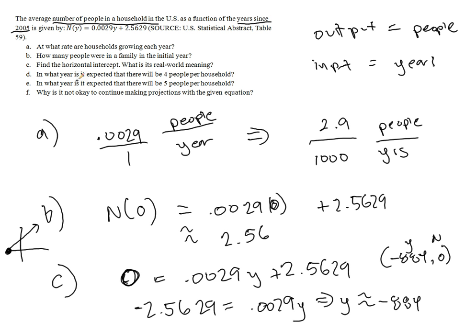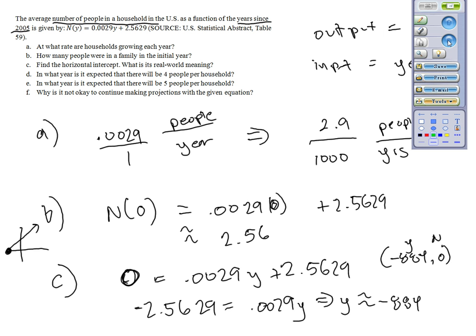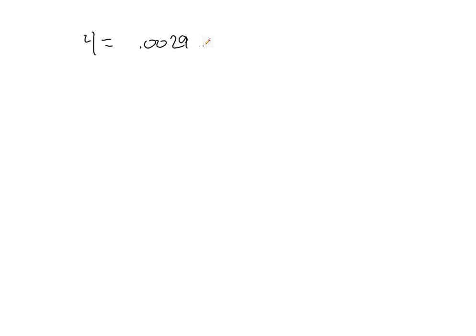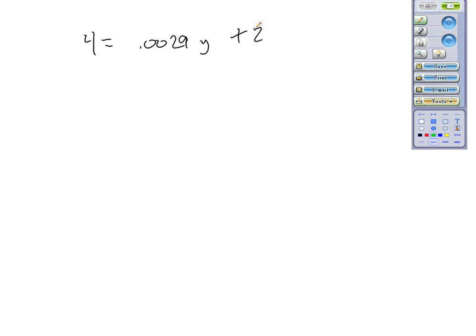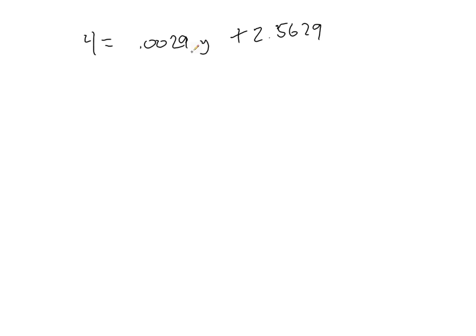In what year is it expected that there will be 4 people per household? Well, this will be when we get 4 equals 0.0029y plus 2.5629. And we would subtract: 4 minus 2.5629 equals 0.0029y.